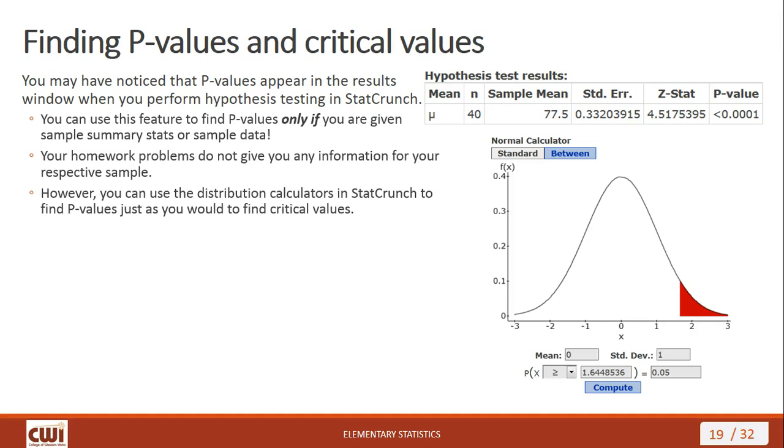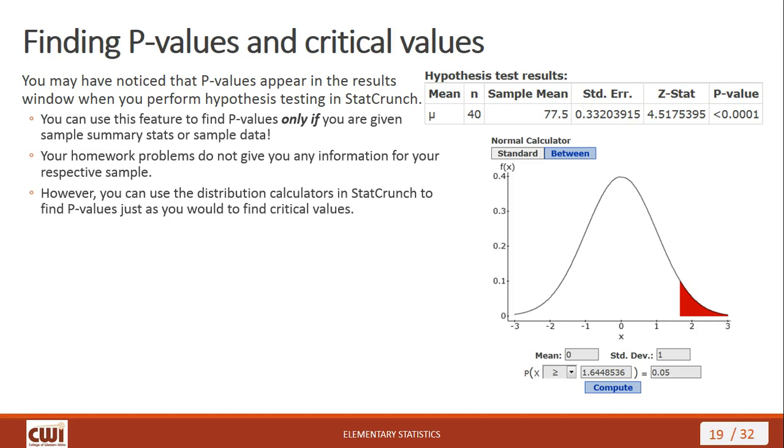Okay, I misspoke here. The test statistic bounds the area for the p-value. The critical value bounds the area for alpha.